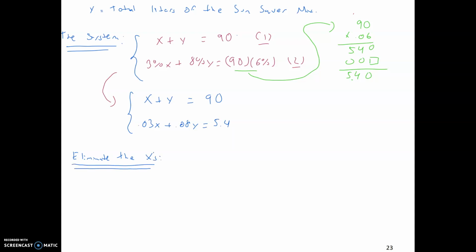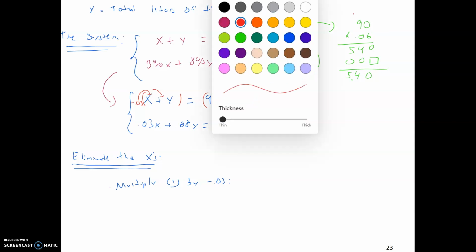To eliminate the x's, we could multiply the first equation by negative 0.03, and keep in mind that we're multiplying every single one of the terms.